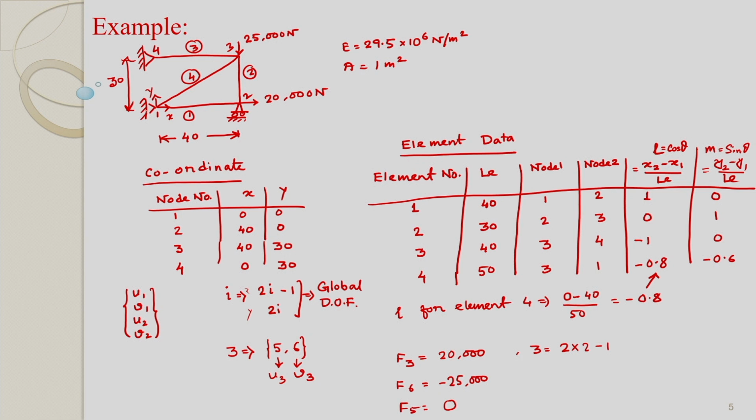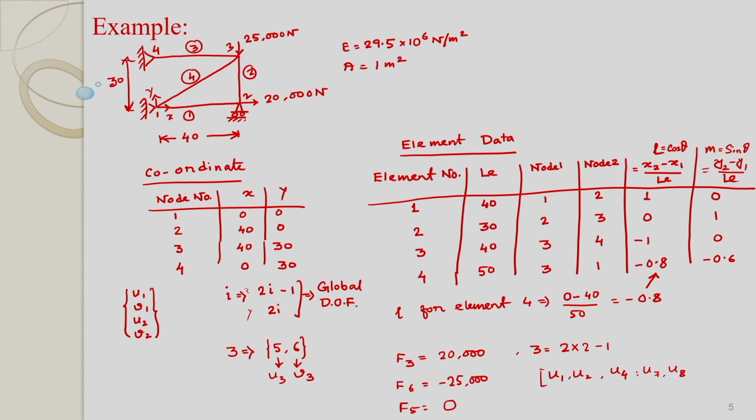All other degrees of freedom are prescribed. So, for first node U1 and U2 are prescribed, those are for first node in x direction and y direction. For second node U4 is prescribed because the movement is restricted in y direction. For fourth node U7 and U8 are prescribed.